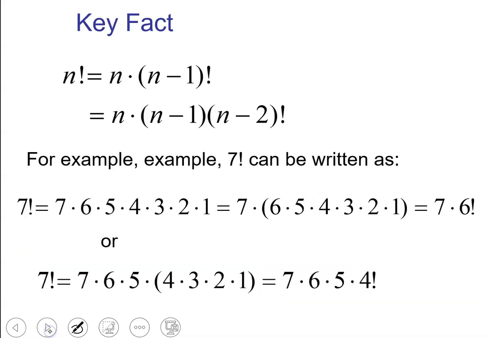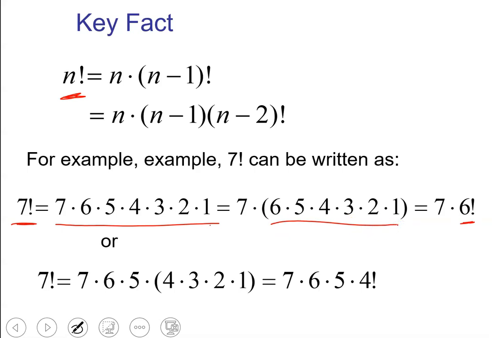Okay, so here's a couple more examples written out with a variable in factorial. Again, you just keep subtracting until you get to 1. But it's a lot easier when we think about it in terms of numbers. So if we do 7 factorial, I can either list it all the way out until I get down to 1, or I could write it as simply 7 times 6 factorial, because 6 factorial is equivalent to 6 times 5 times 4 times 3 times 2 times 1.